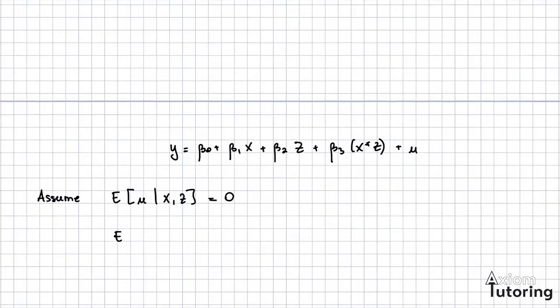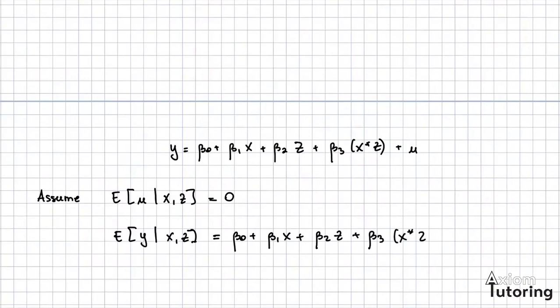That would mean that the conditional expectation of y on x and z is going to be beta 0 plus beta 1x plus beta 2z plus beta 3x times z. So the error term, as usual, has disappeared due to our assumption, and we can concentrate only on what is important for us.